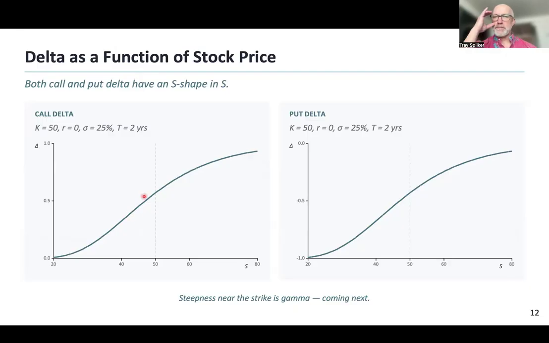So this steepness near the strike price is that gamma that we'll talk about in the next section here. And for a put delta, it looks exactly the same, except it's range bound between -1 and 0. But it has the same sort of interpretation here.